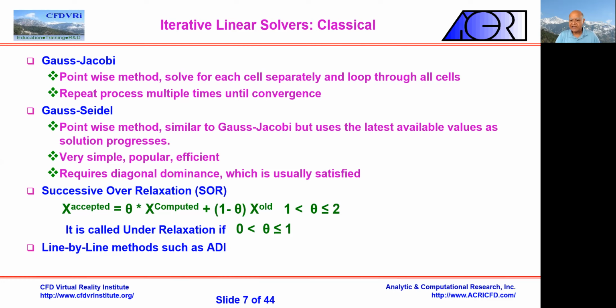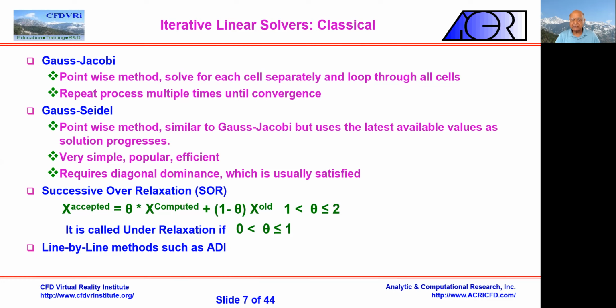So you use the latest values. That is simple, popular, and usually it improves convergence quite a bit. Of course, convergence does require diagonal dominance, as I've said before, but it's usually satisfied for CFD systems, properly posed problems.